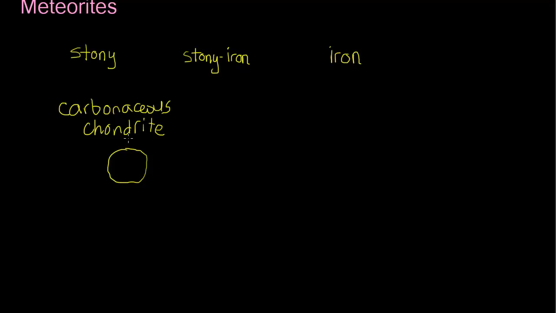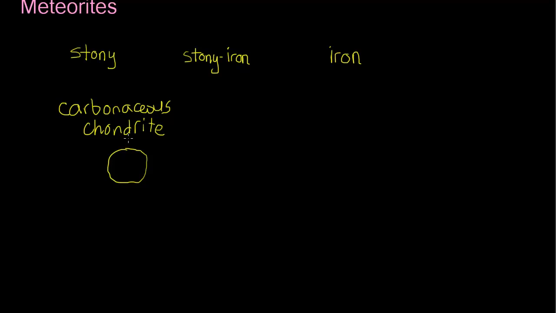So the solar nebula, the dust that was condensing to form all the planets, right? That dust condensed to form a small body that never differentiated. It's got all the stuff that was originally in the nebula, and it's all in one place, and it hasn't separated into different components because it never got hot enough.